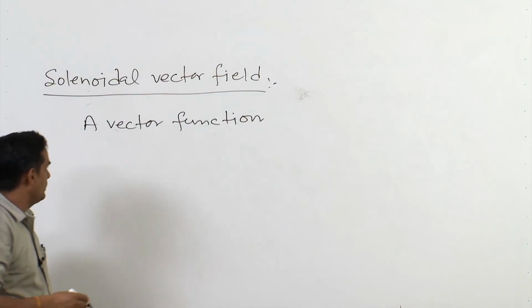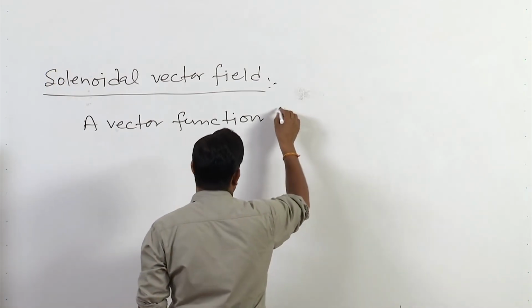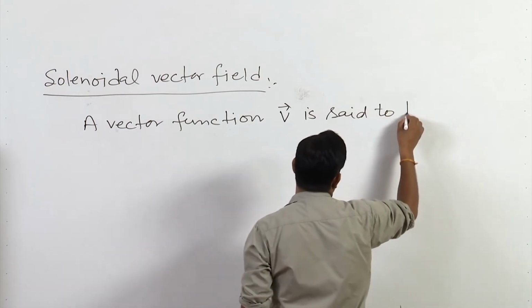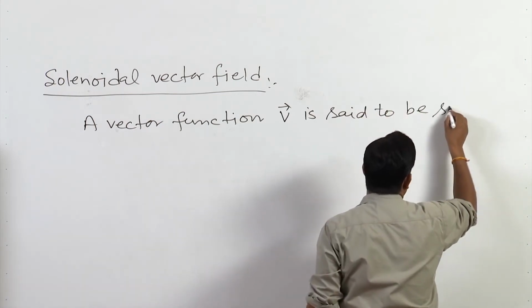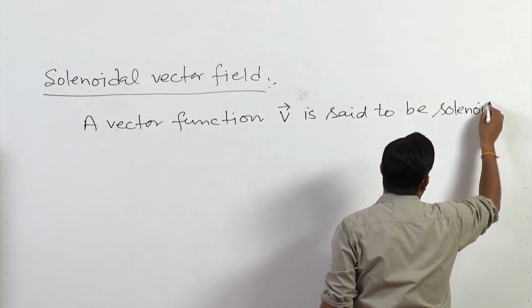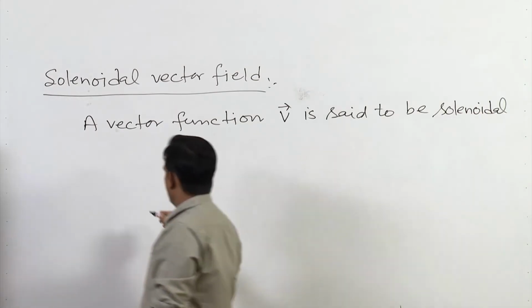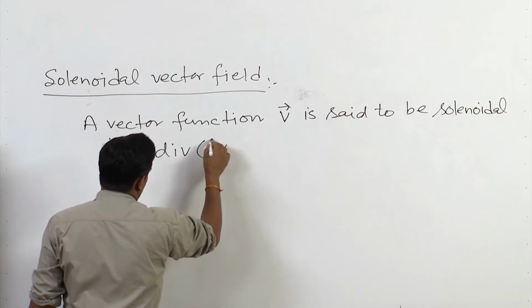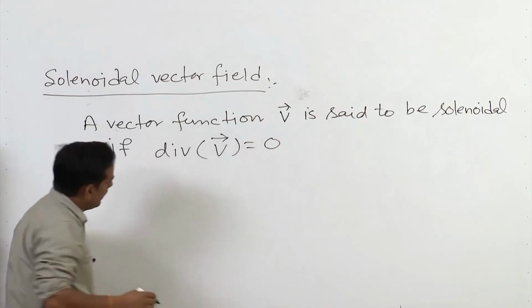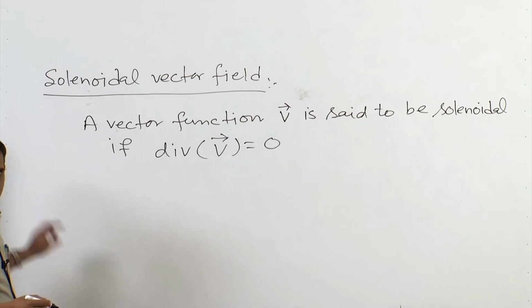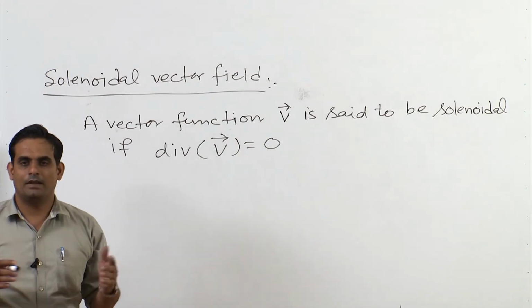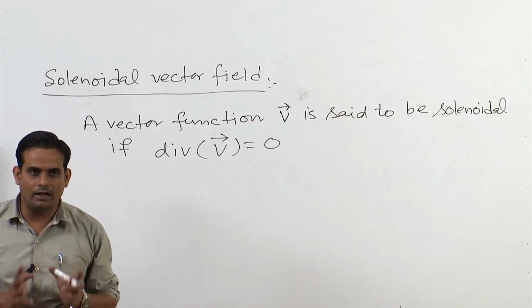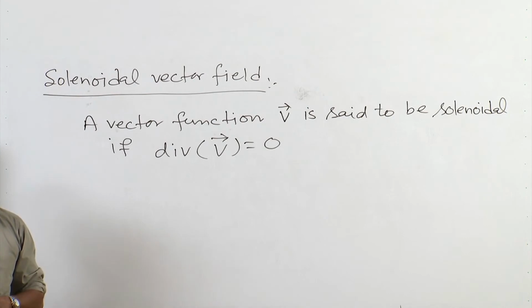So, a vector function is solenoidal if divergence of V equals 0, and a practical example of it is that the magnetic field must be solenoidal.